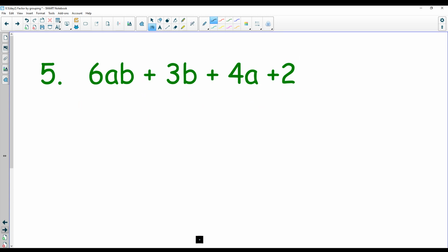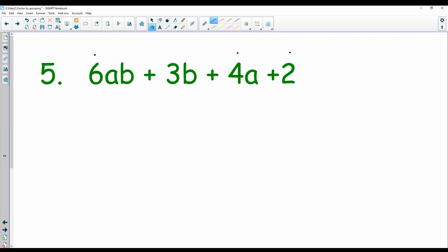Okay, so let's look at this one. We have 4 terms. If you look for a greatest common factor for all 4, it's not going to happen. Like these 3, this one, and this one, you could divide them all by 2, but that doesn't work for the 3b. This is where we did grouping.